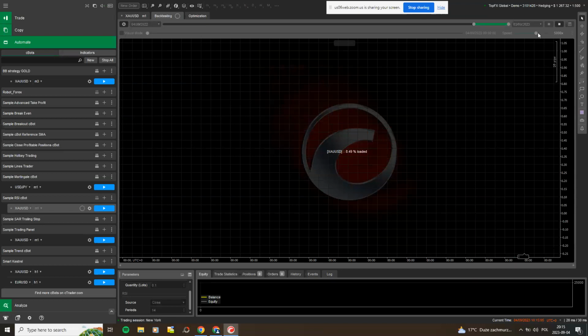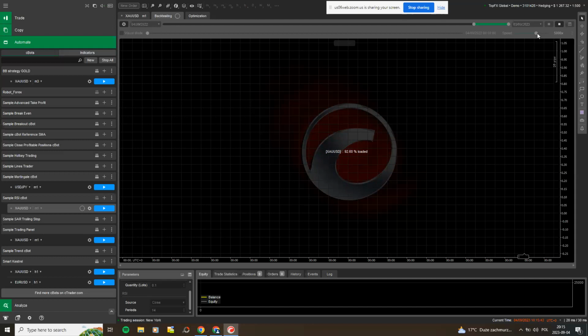Different market, different settings. Let's see if that strategy can be used on this market. Let's patiently wait for it to be loaded and backtested. Yes, we're still waiting, 1 minute data. We're still waiting for the backtest to show us some positive results.